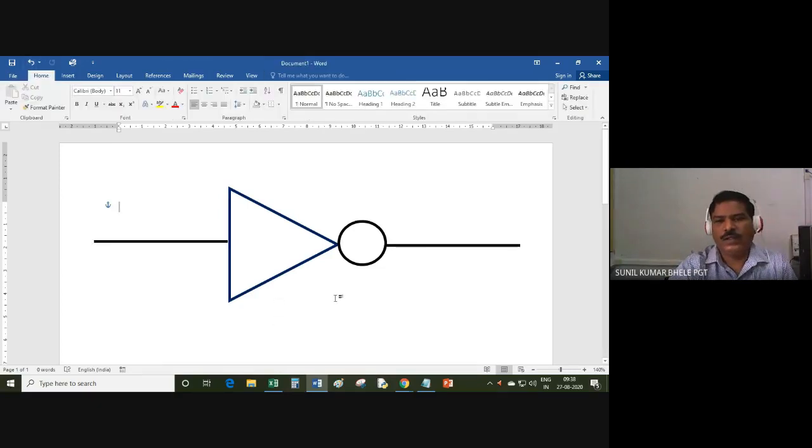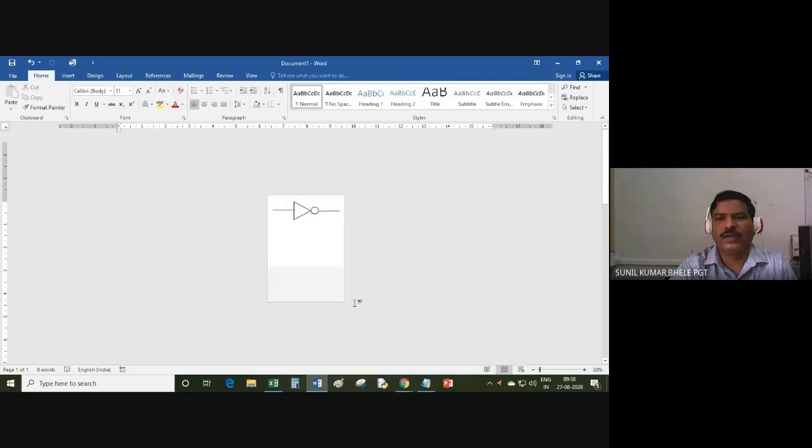Or you can draw this type of symbol in your notebook. This is a NOT gate.